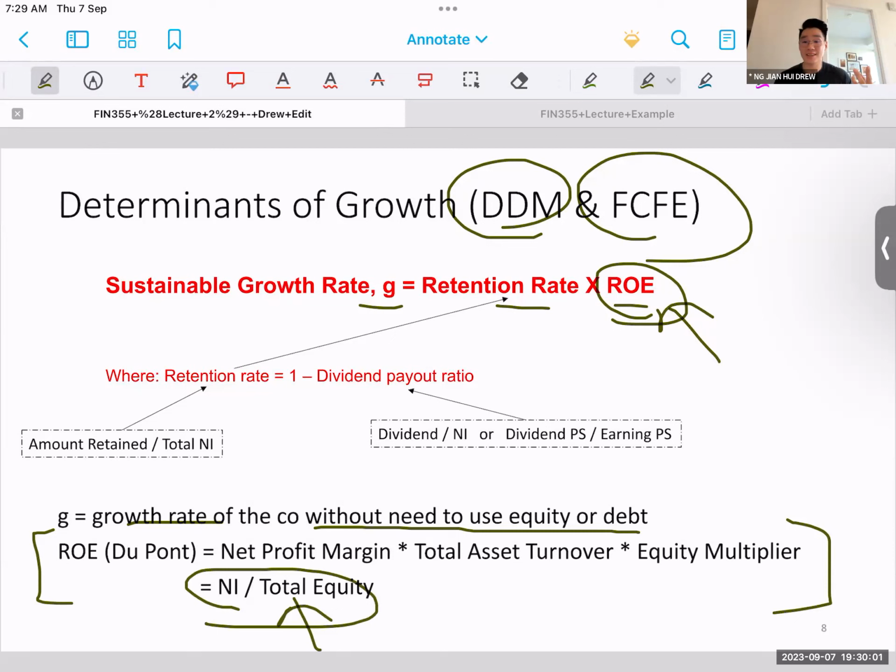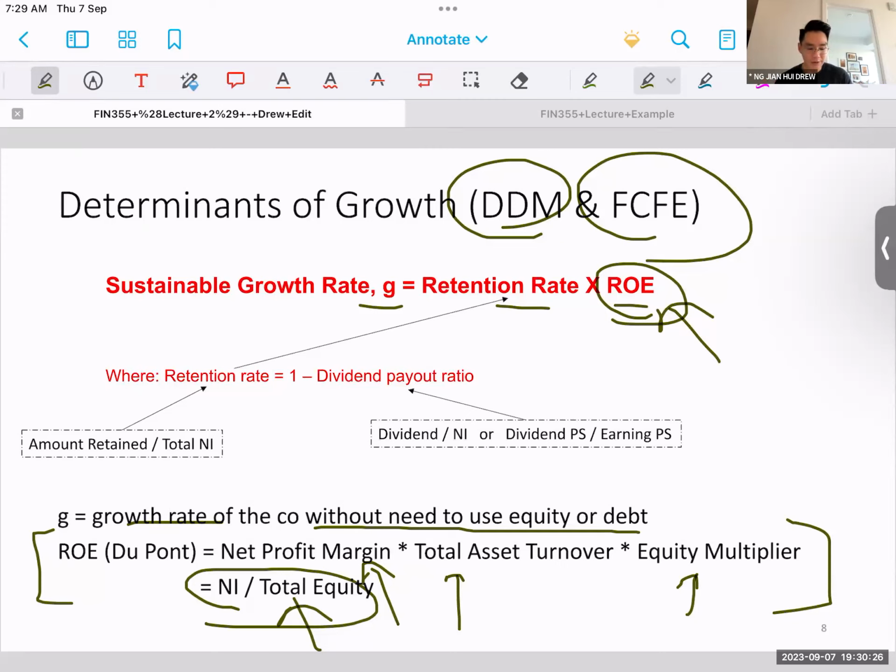The second method is that certain questions do not give you the financial statement at all. They just tell you, I have this equity multiplier, I have this total asset turnover, and they give you the net profit margin. If you do not realize that this is part of the ROE DuPont formula, then you're like, oh no, I can't find G, I can't calculate ROE.